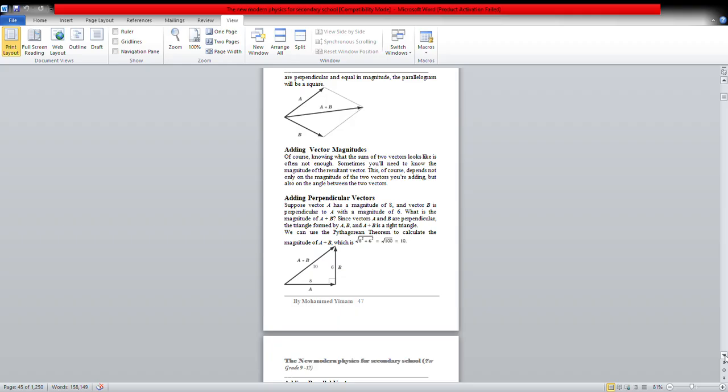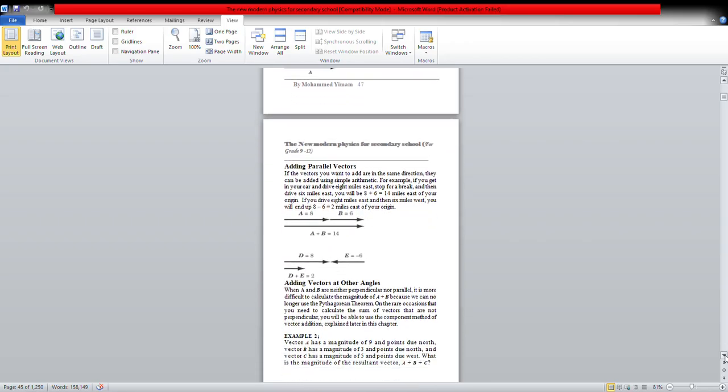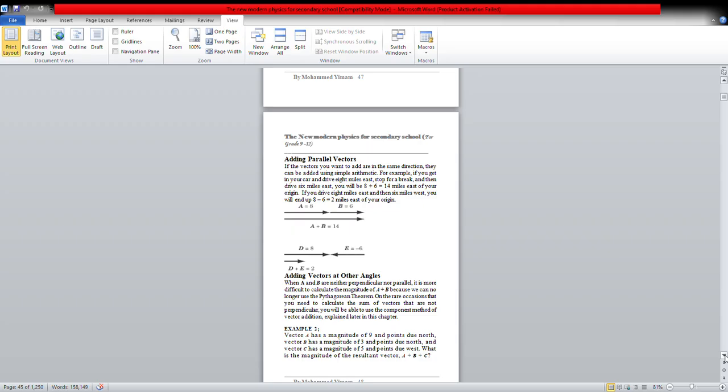The magnitude of added vectors has also been seen. Adding perpendicular vectors uses the Pythagoras theorem. Adding parallel vectors is done directly by addition, and adding parallel vectors that are opposite in direction is done by subtracting their magnitudes, so we can get the answer and the direction.